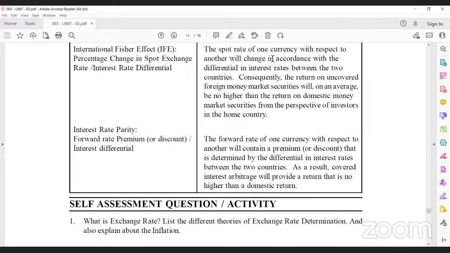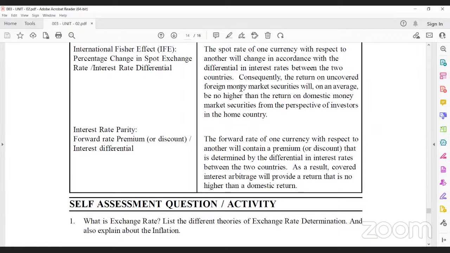Since this is a forward rate premium, the component of discount is added. Hence, this determination depends on the differential in interest rates between two countries. As a result, the arbitrage will provide a return that is not higher than a domestic return.